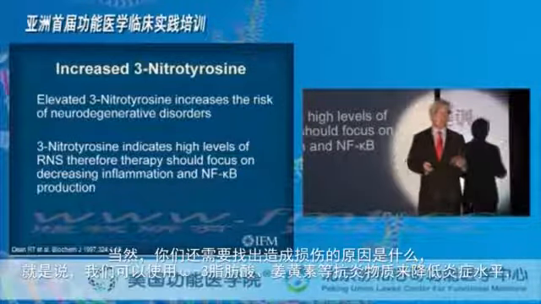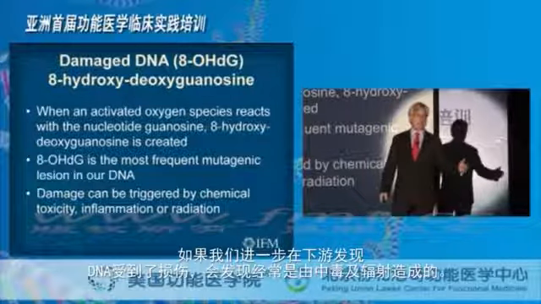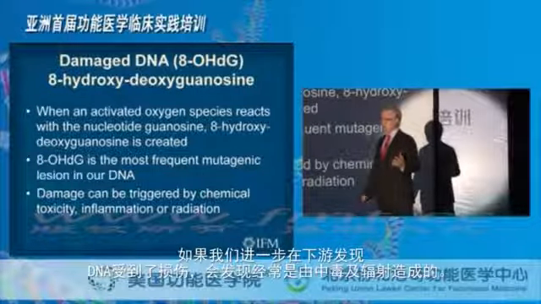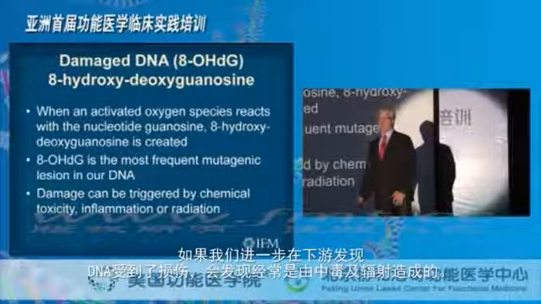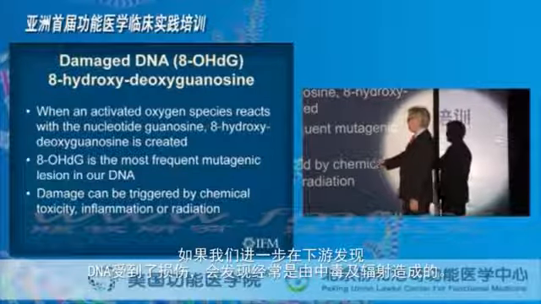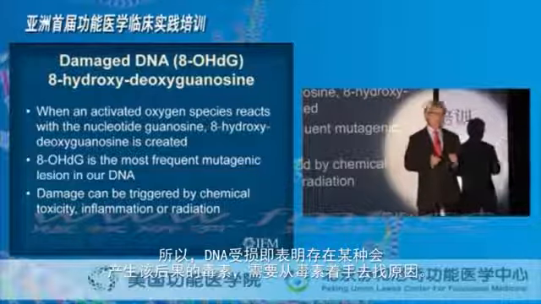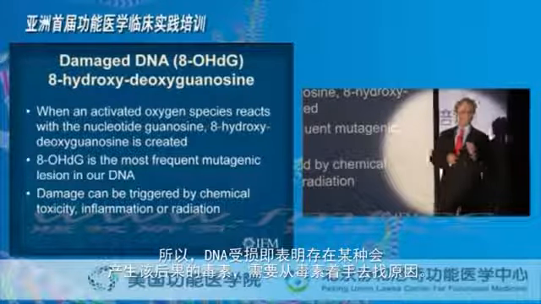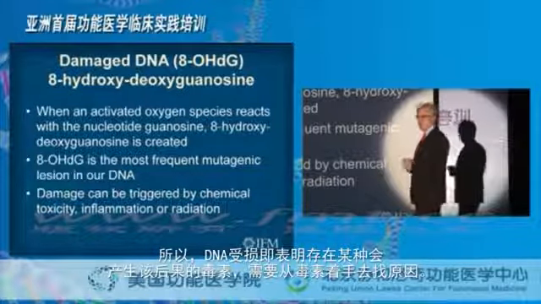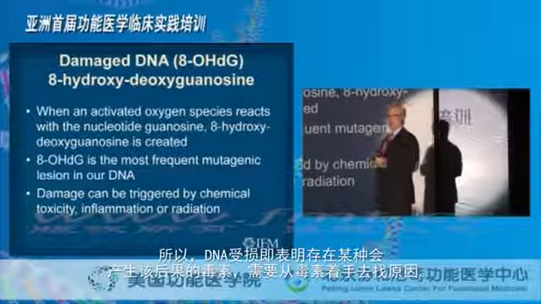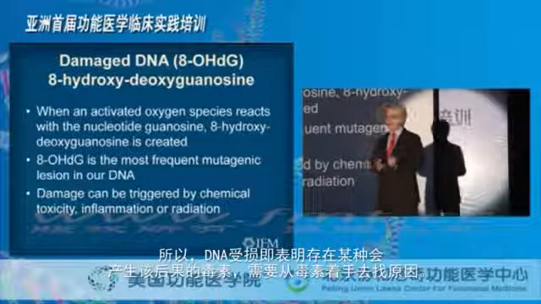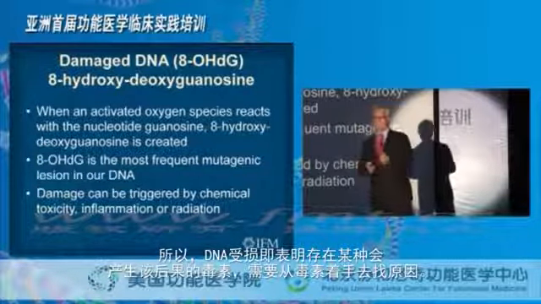And when we see further downstream when there's damage to the DNA, we see that this can often be due to toxicity and radiation. So when we see DNA damage going on, it means there are some toxins present that are causing this kind of damage. I need to go and look for toxins to be able to help.